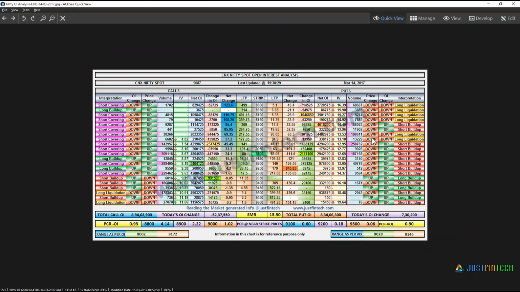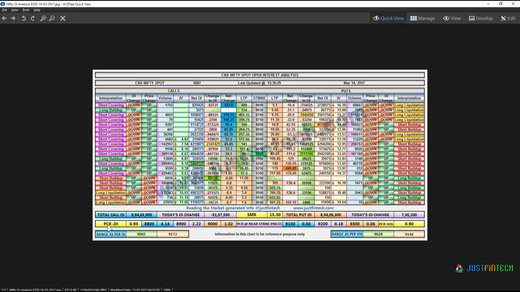So this is the open interest analysis sheet, and the entire PCR OI right now is at 0.93, and the 8800 PCR is at 4.14, which is a very good strong support. 8900 is 2.22 and 9000 is 1.02.